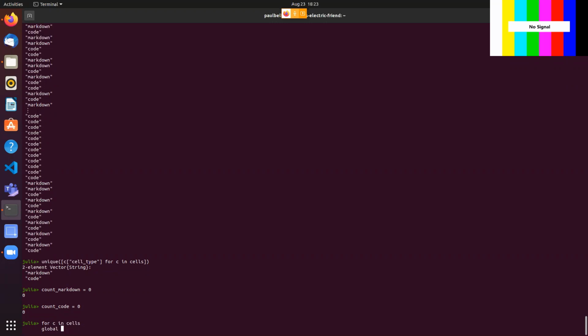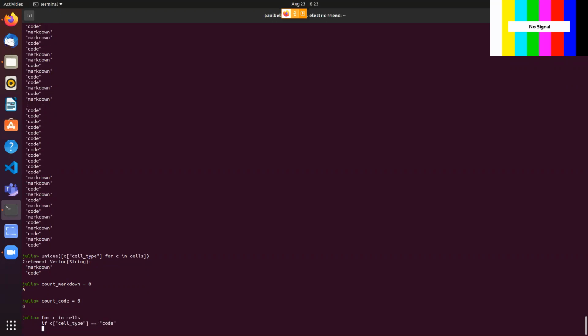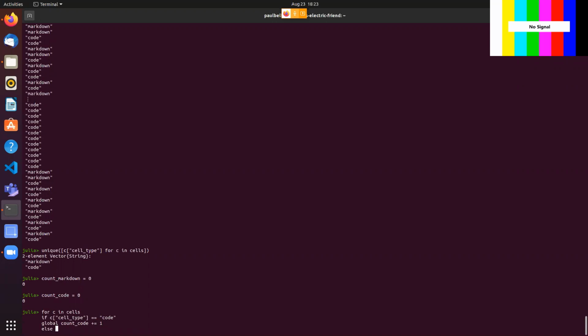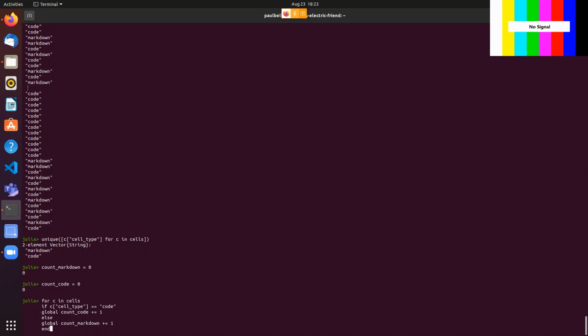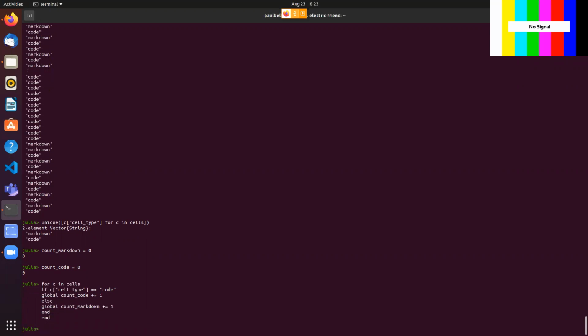So we want to go if c cell type, you probably want to write this a bit neater, don't hard code it all, but that's fine. If code, global count code plus equals 1, else global count markdown plus equals 1. Okay, so hopefully that worked.